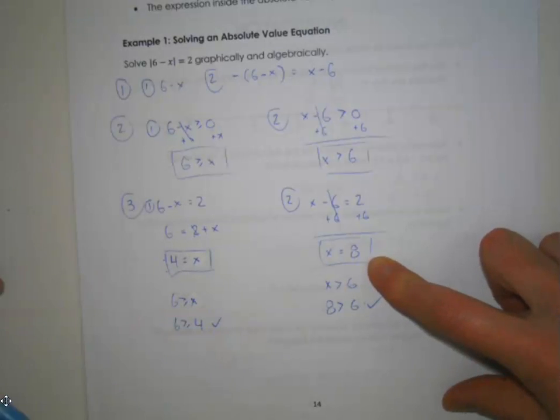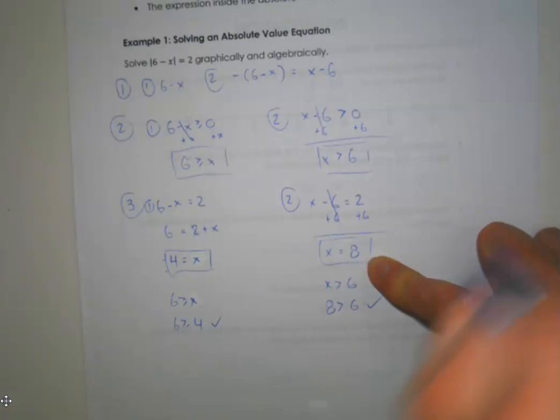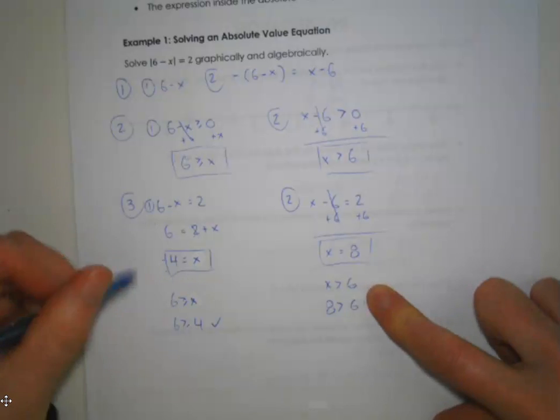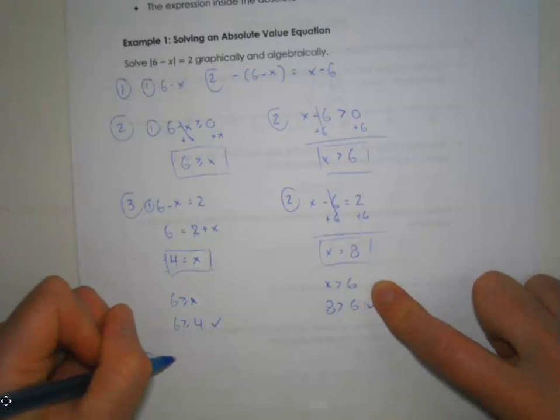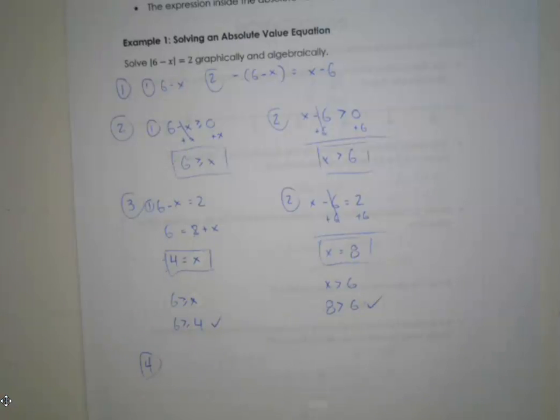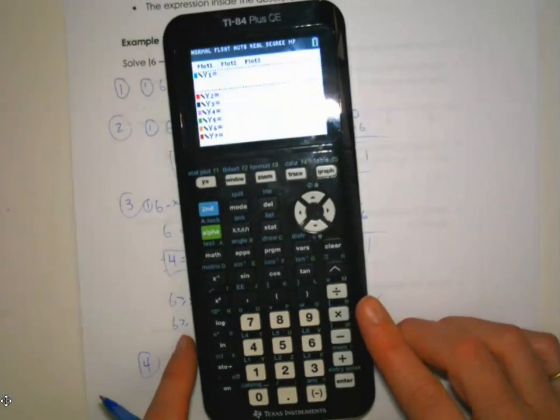So we have 2 acceptable solutions, which means that the 2 components of our graph are going to intersect at 2 points. Now with this, we just want to verify our solution by graphing. So essentially, if you want to use your graphing calculator to solve for this, remember you're going to go into your absolute value.